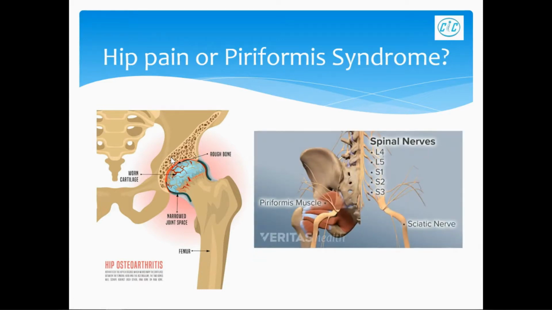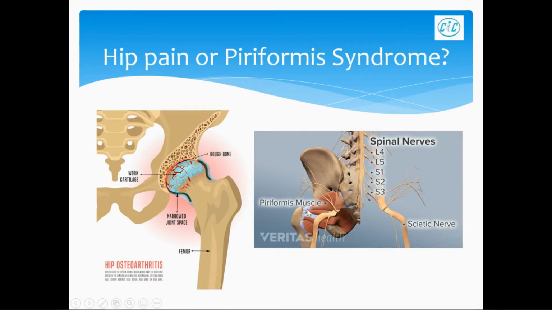But let me show you this picture again. The piriformis, which is right here, is the rotator muscle to the hip, and therefore if there is irritation to the hip itself, it affects the muscles which are attached to it, and it is always affecting this piriformis muscle due to the joint issue in the hip.